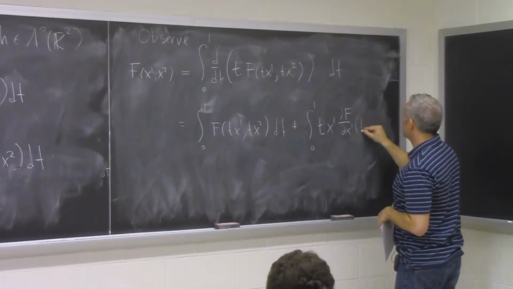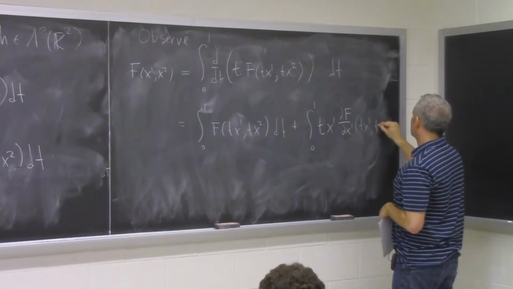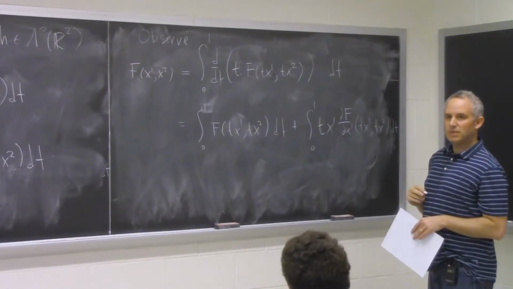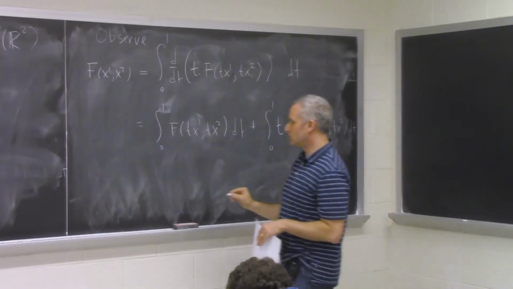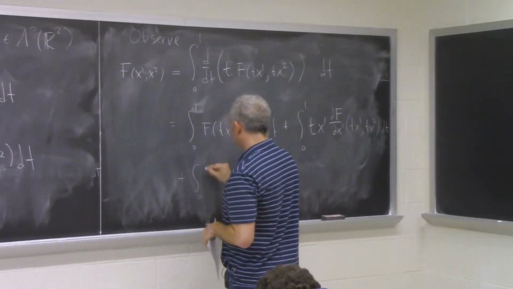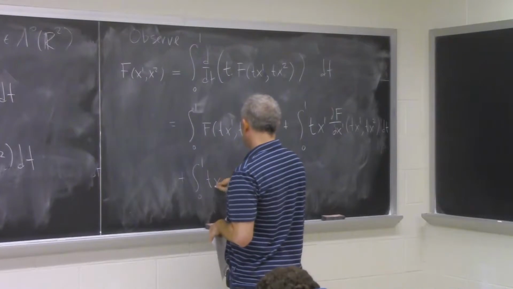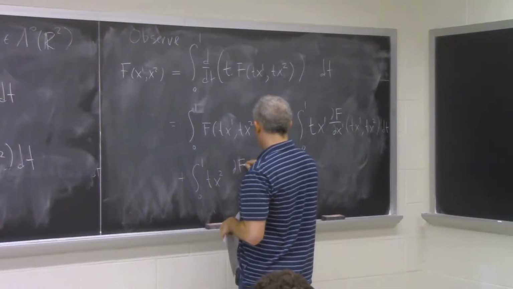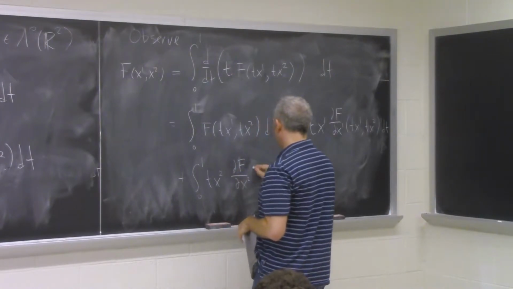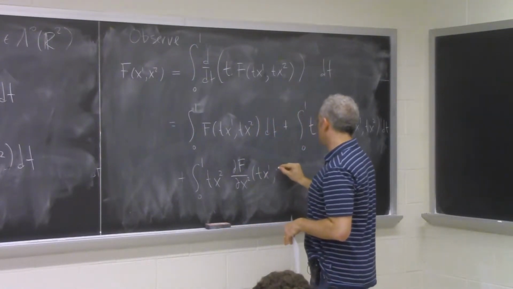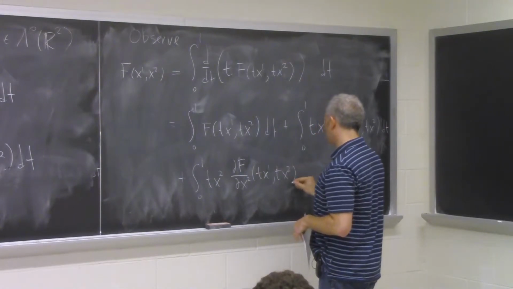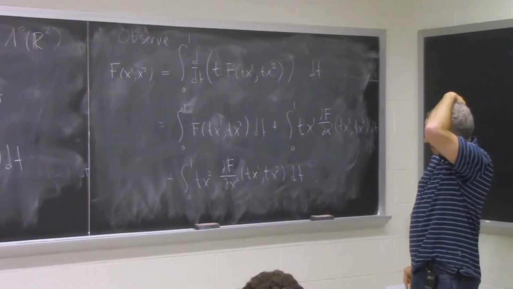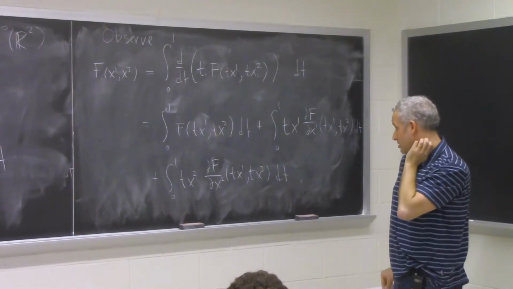And we evaluate this at (tx1, tx2) dt. Yes? And then there's another term. We have tx2, and then the partial derivative of F with respect to its second variable. And then we evaluate it at its argument. Okay? So in short, this observation can be summarized as this.